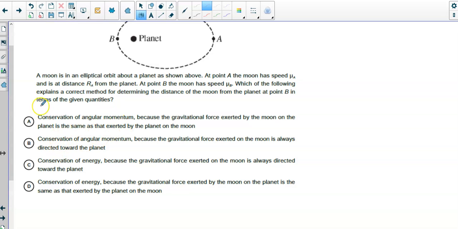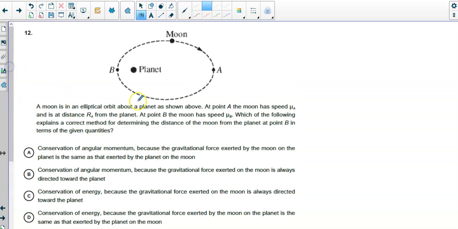Because it's always directed towards the planet, the angular momentum is going to be held constant, since the force is perpendicular to that. So B is your best answer. Not an easy question at all, really, because a lot of the stuff looks true and is true, but isn't pertinent to the situation.